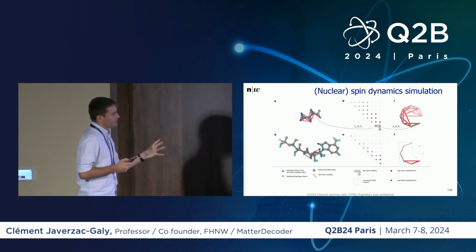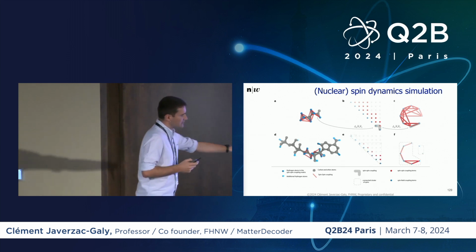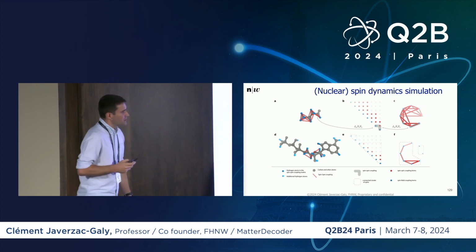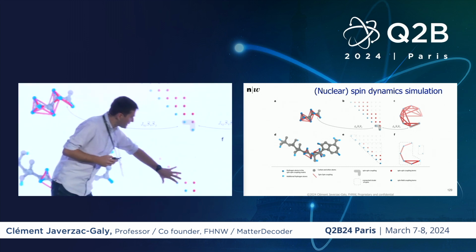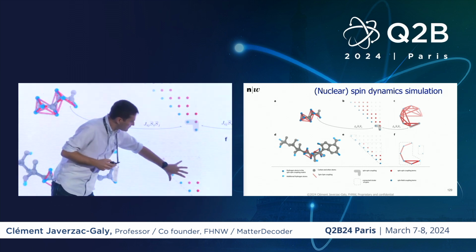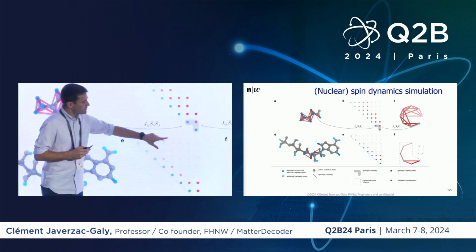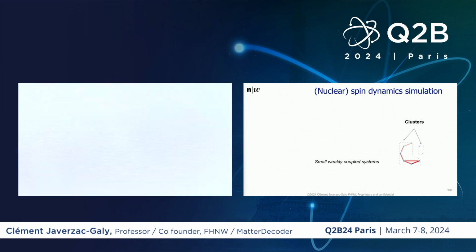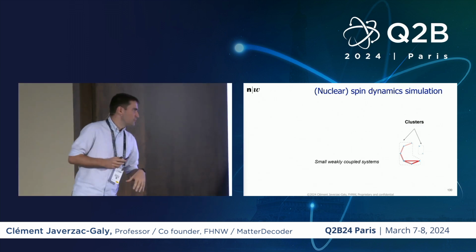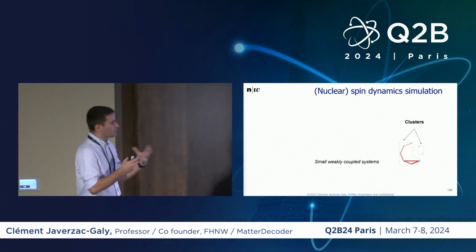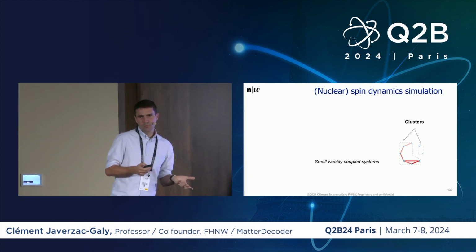As an example, if I take a slightly bigger molecule like ATP, I will come back to this later, we see that it's less coupled, and in fact we even have a cluster, and here two little clusters of spins that are not coupled. When we can cluster a molecule, especially when we have weakly coupled systems, we can compute it classically.